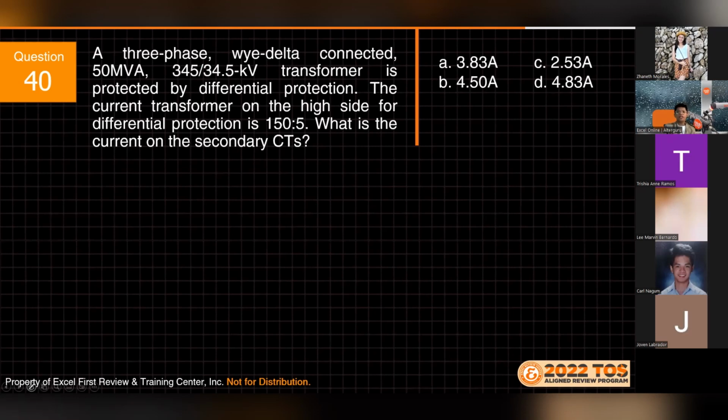Okay, so to make a point, ganito yon. Sabi dito, no, it is connected 345, paano siyang Y delta. Okay, so may tanong, what is the current on the secondary current transformer? Ang kunin natin is the current in Y, no? So naka-Y kasi siya.